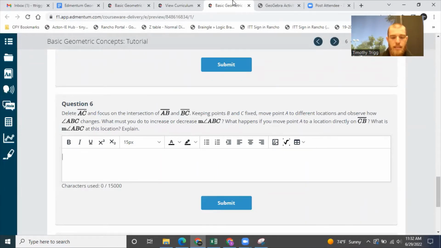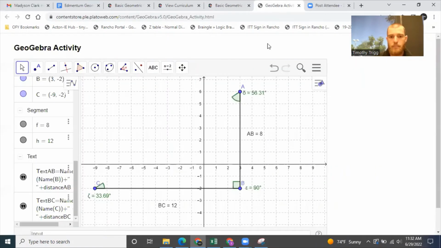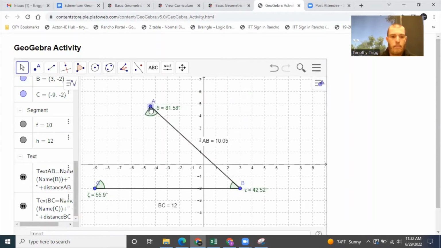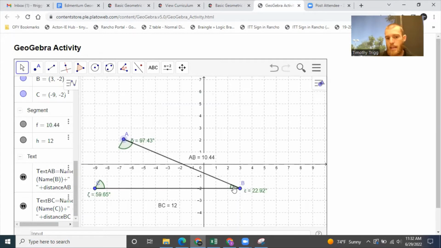Keeping points B and C fixed, move point A to a different location and observe how angle ABC changes. So we're going to move point A around, and I want you to see how angle B changes here. So angle ABC, or in other words, angle B. If I move A towards C, this angle gets smaller, right?